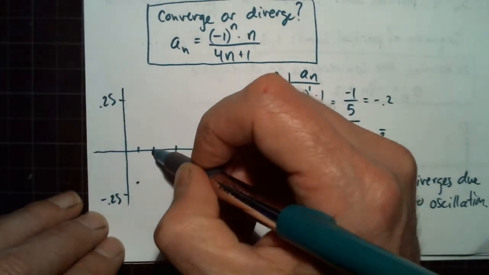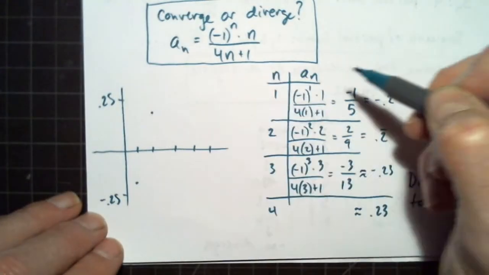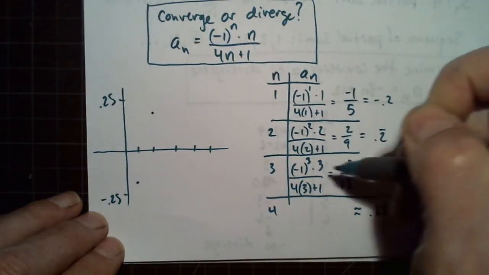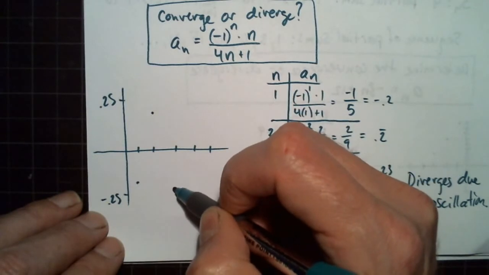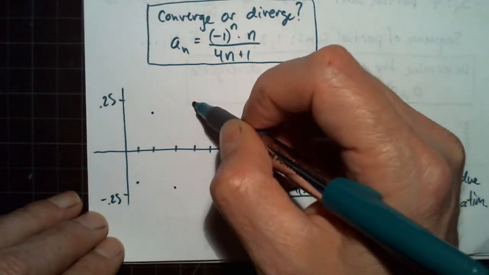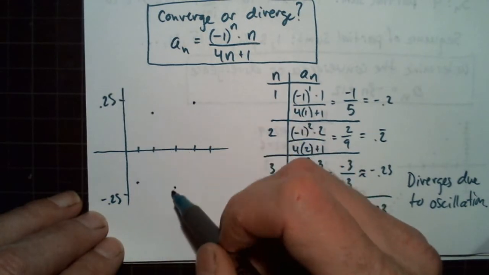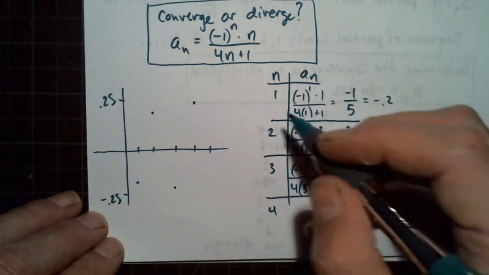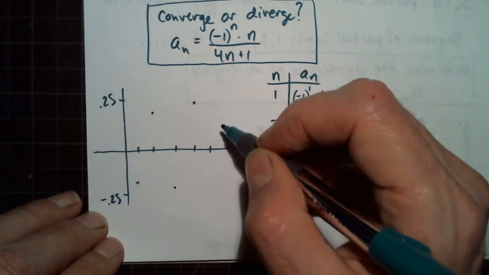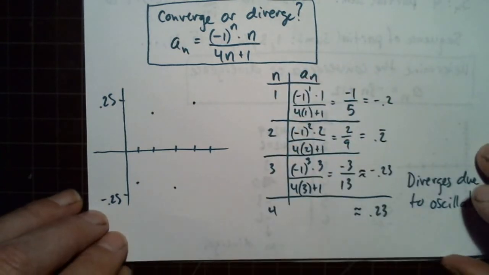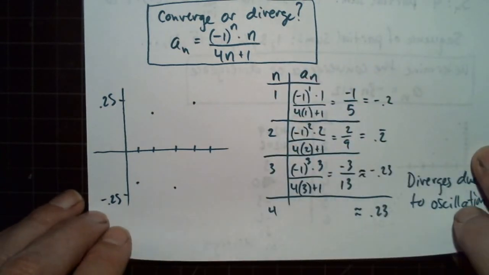At 2, we're at positive 0.222, and then we go to negative 0.3. Here we go to positive 0.3, and that just means we're going to be getting closer and closer to positive 0.23 and negative 0.23. So that diverges.